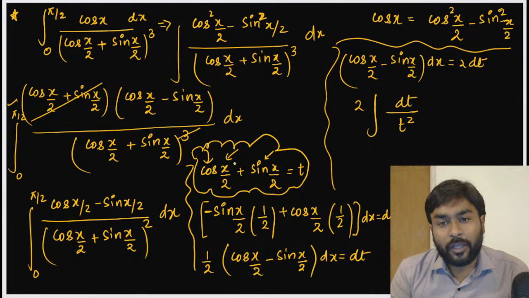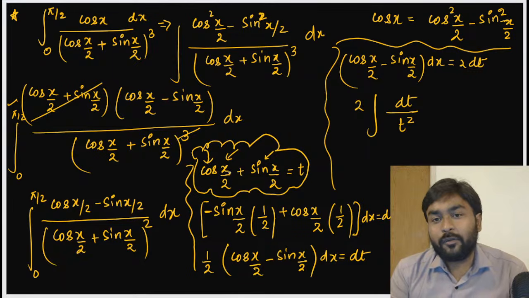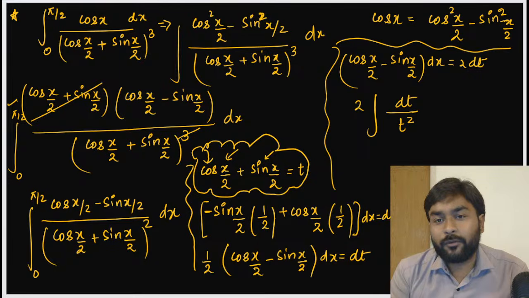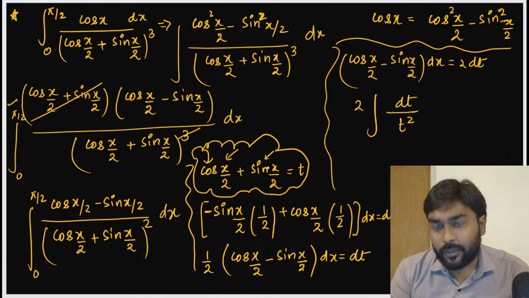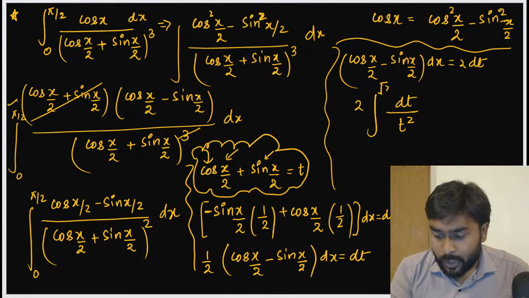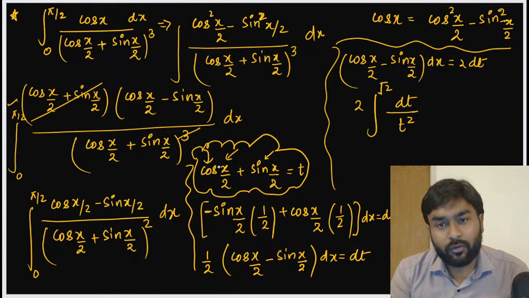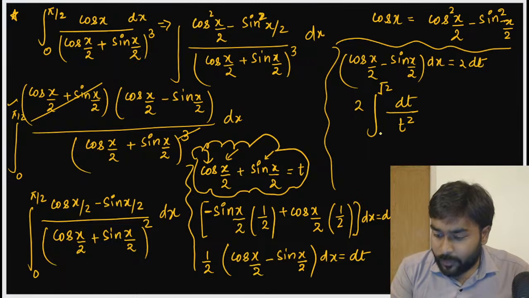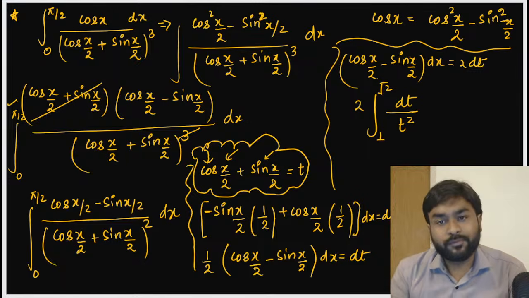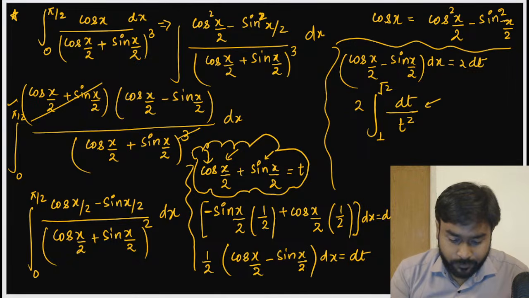If you write here pi by 2, what will it become? It will become pi by 4, and cos pi by 4 is 1 by root 2. Same, sin pi by 4 is 1 by root 2. 1 by root 2 plus 1 by root 2 is 2 by root 2, so finally it will become root 2. And if you write here 0, cos 0 will become 1, sin 0 will be 0. So the limit will be from 1 to root 2. After this you can try, you will get the answer also.